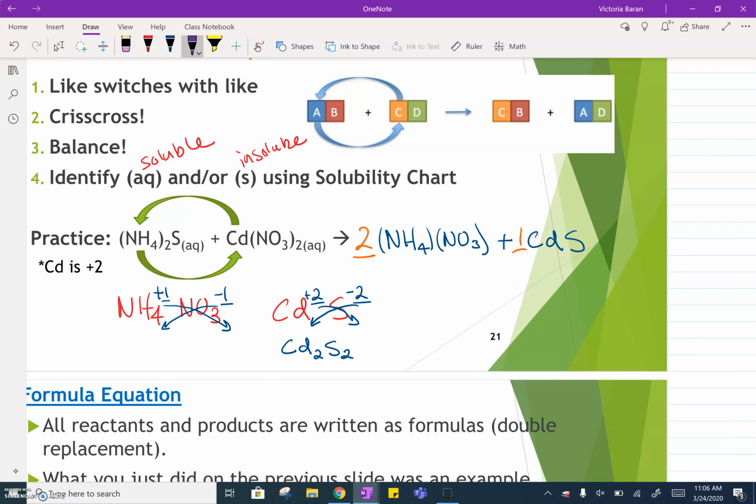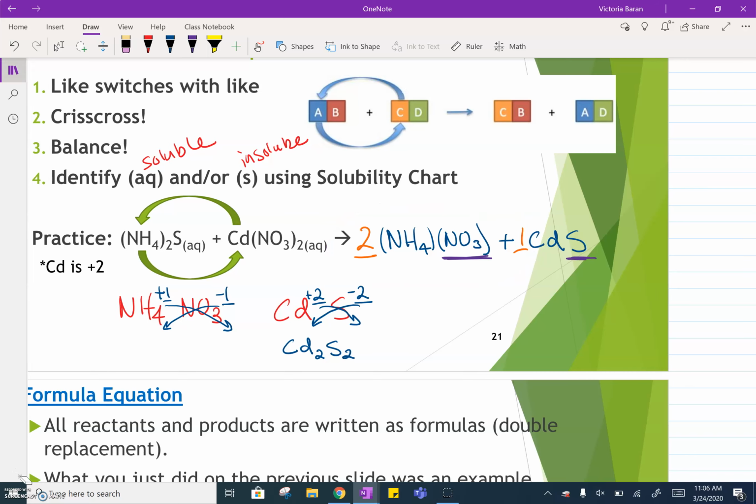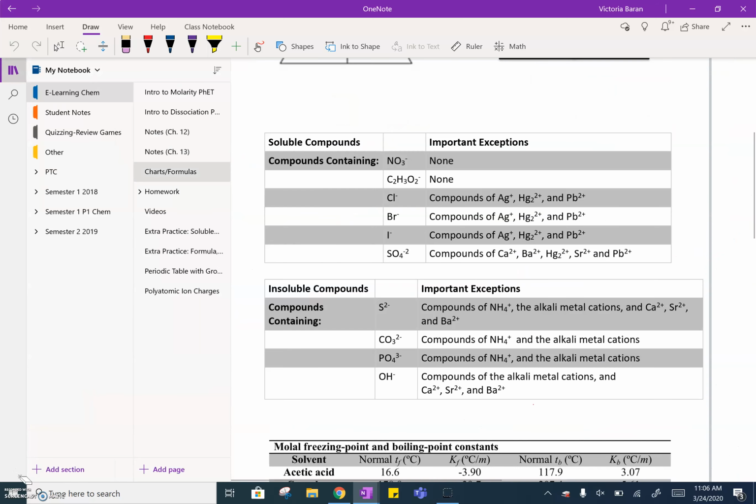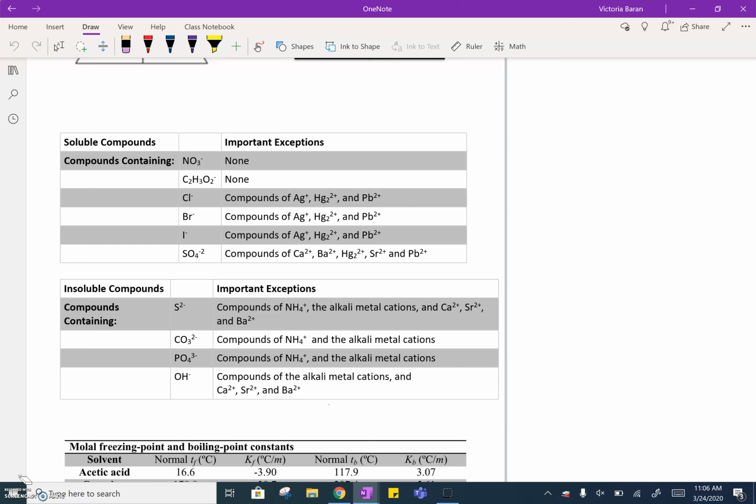So to do that, we have to go to that solubility chart. So again, when figuring out solubility, you're going to look at that anion, the negatively charged ion. So we have NO3 and S. So we're going to start here, okay? So if we go back to that solubility chart, you're going to look here in this section and find NO3.